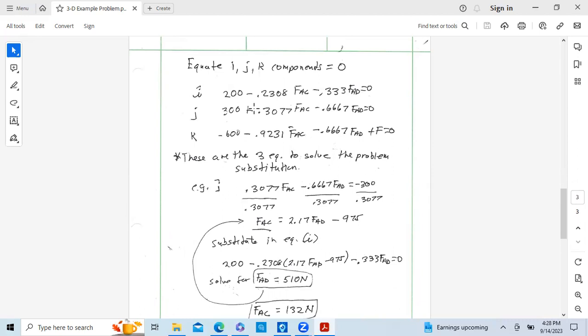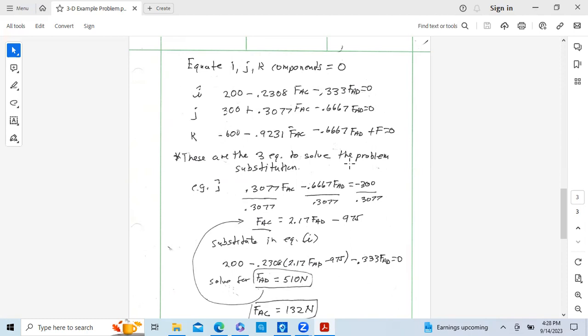And these are the 3 equations that you need to solve the problem. We take the I component from each of the equations, the j component from each of the equations, the k component from each of the equations. We set those equal to 0, and that satisfies our equation of equilibrium.